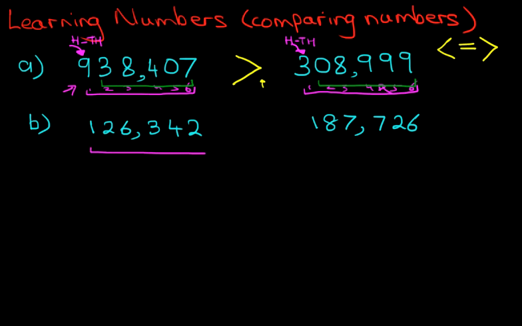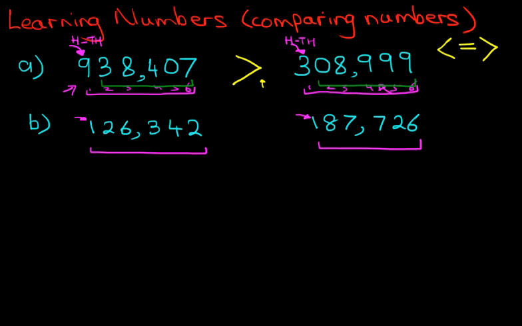The one on the left has got 6 digits, and the one on the right has also got 6 digits. Okay, now what do we do? We start with the digit on the left for both of them. In this case it's the 1 over here, and the 1 over here. Now 1 and 1 is the same.